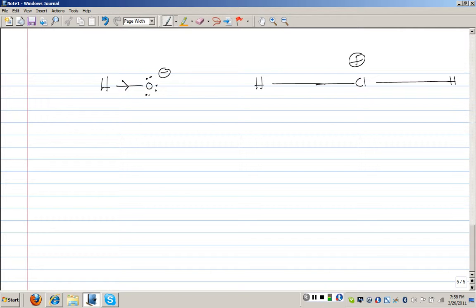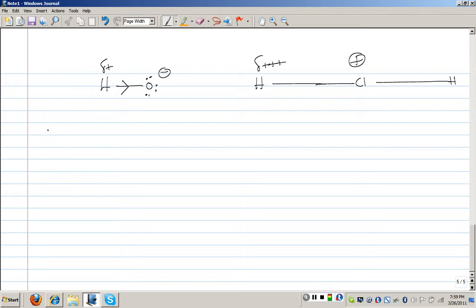So let's say it's going to bleed that much and there'll be a delta plus charge on my O. Chlorine has the same electronegativity as O. O minus has a smaller electronegativity than O, and Cl plus has an even greater electronegativity than O. In other words, Cl plus is now much more electronegative than O minus. So not only is the HCl bond longer and weaker than the HO bond, but the bond is also more polar. The dipole in this H is going to be huge.